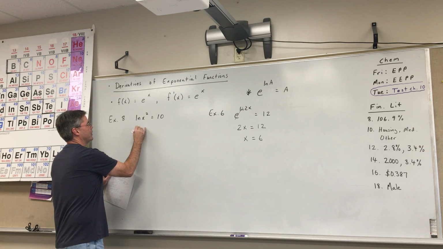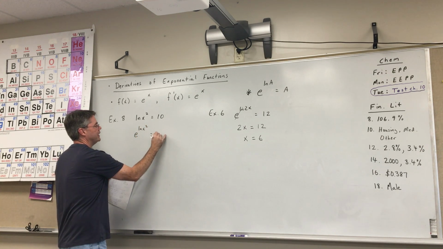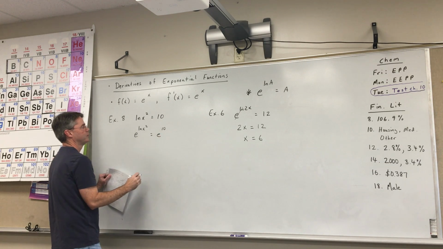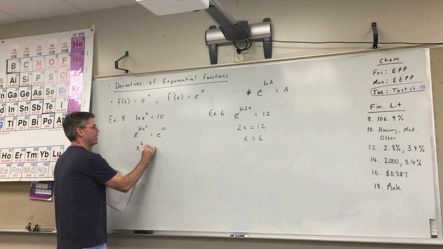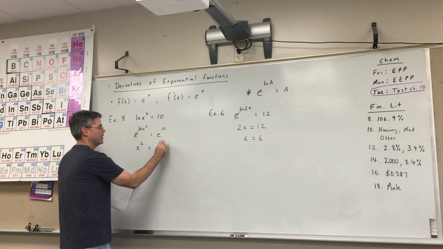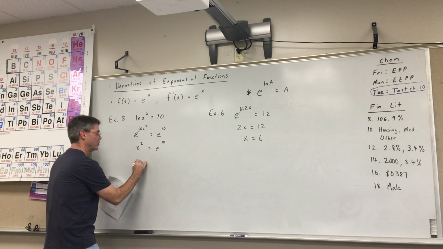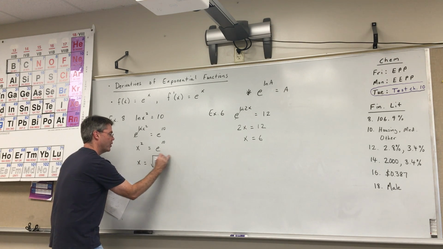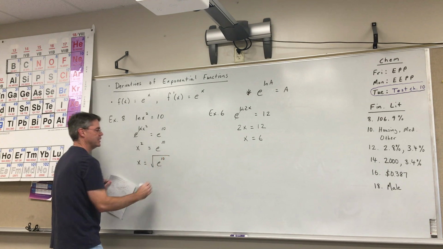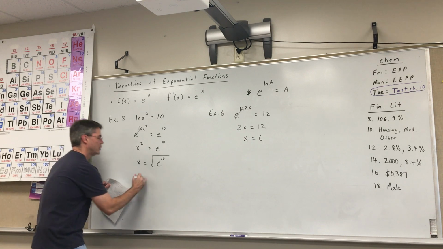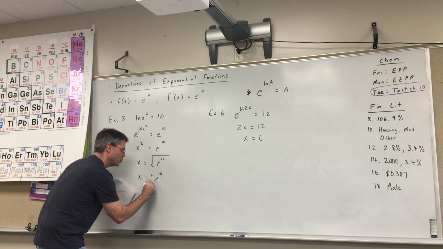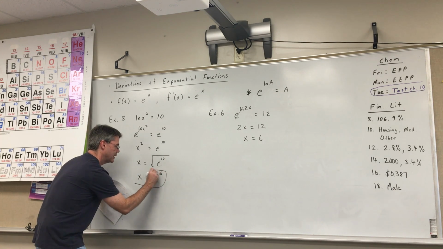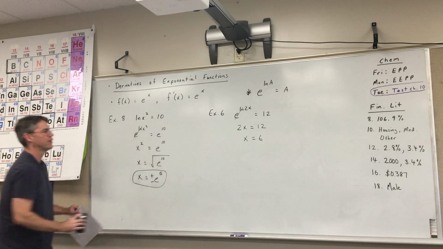So e to the natural log of x squared is equal to e to the 10th. E and natural log cancel each other out. You have x squared is equal to e to the 10th. Take the square root of both sides. X is equal to the square root of e to the 10th. So x is equal to e to the 5th, but be careful, it's going to be plus or minus e to the 5th.